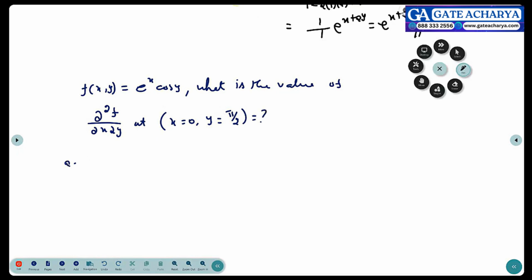The options are 0, 1, minus 1, e power pi by 2.